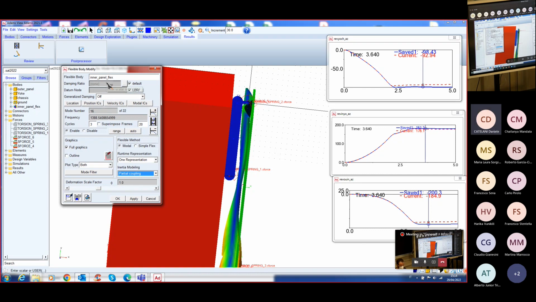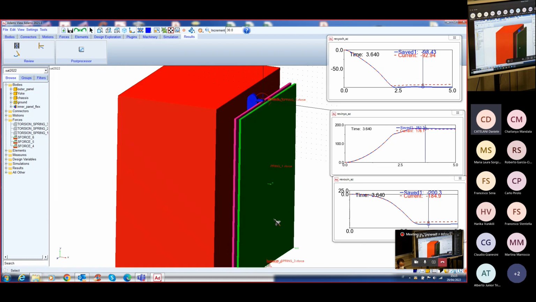If you want to define your damping level, deactivate default, and here you can write a constant value for every mode or a function depending on frequency, etc., and you can use the law you want. For this example, we can use default. There are many other things to say, but this is enough for this training.